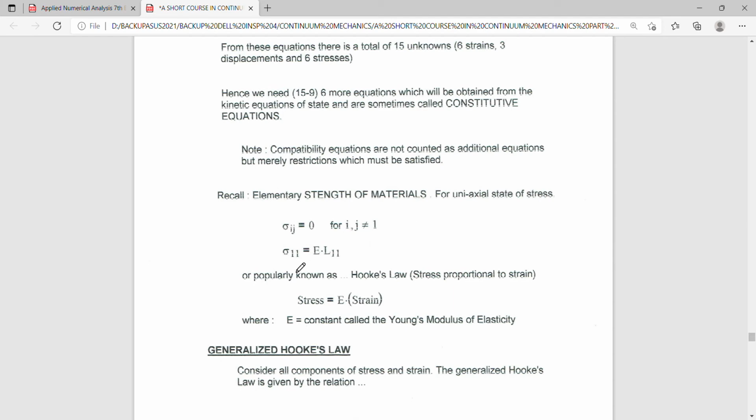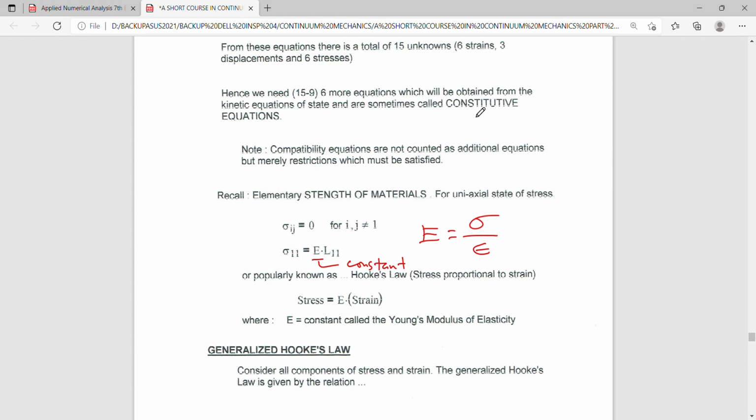And therefore, your constitutive equation is simply sigma 1,1 is equal to a constant of proportionality E multiplied by the strain. Okay, or if you want to make it the familiar notation, simply this is sigma over epsilon. Okay, so this is for a uniaxial state of stress.